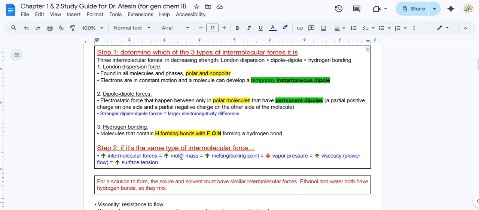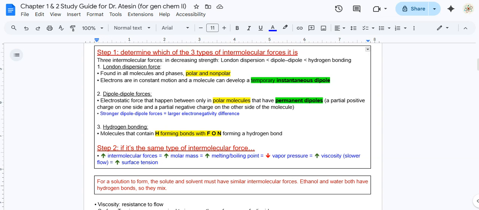So, for an example of how to use this, let's say in a question there's something with the molar mass of 100 and there's something with the molar mass of 200. Then the one with the molar mass of 200 would have stronger intermolecular forces, a higher melting and boiling point, and a lower vapor pressure.